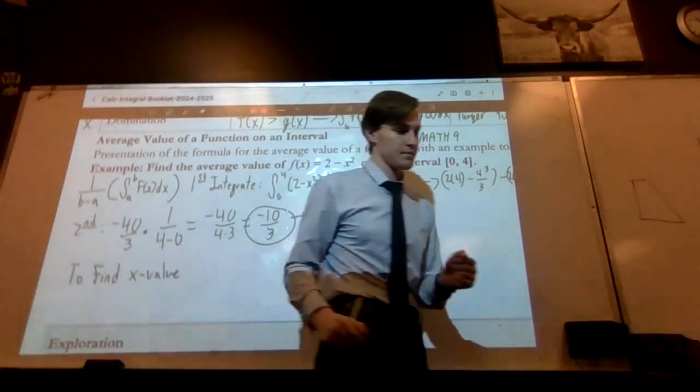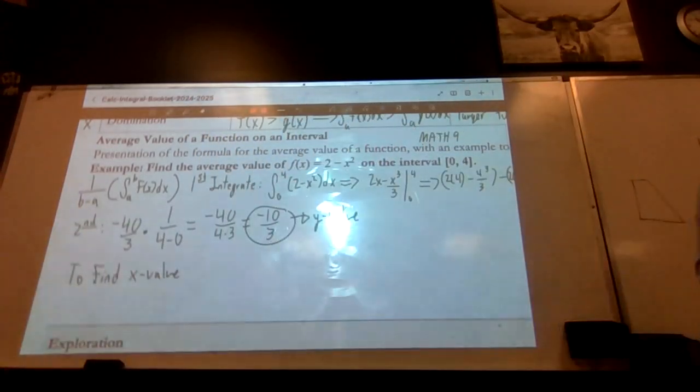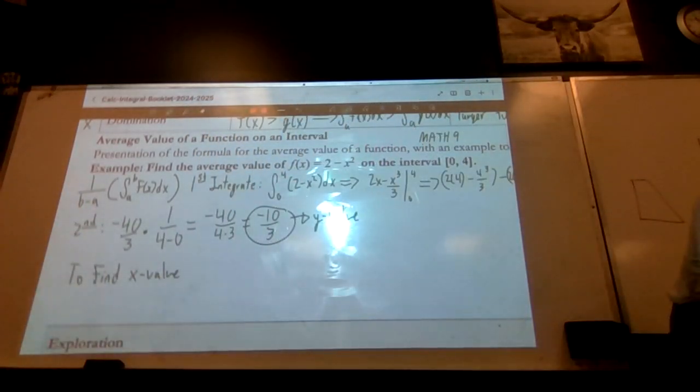Gotcha. Okay, now to find the x value, all we would need to do is take 2 minus x squared, and set that equal to our y value of negative 10/3. And then all we need to do from there is solve for x.